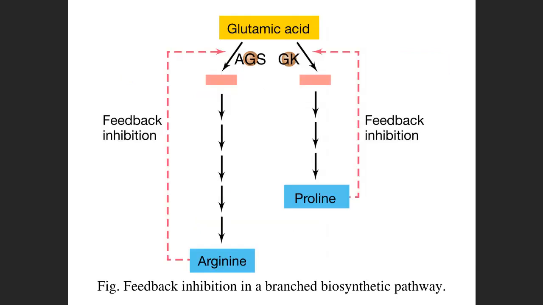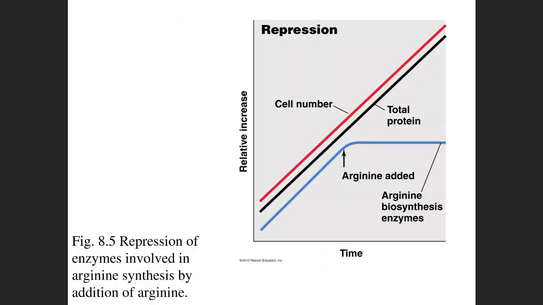Now I wanted to give you a different example, arginine. Earlier we said arginine biosynthesis can be shut down if you have too much arginine, and you can demonstrate this in an actual experiment. Look at this graph, with cell numbers and total proteins measured.